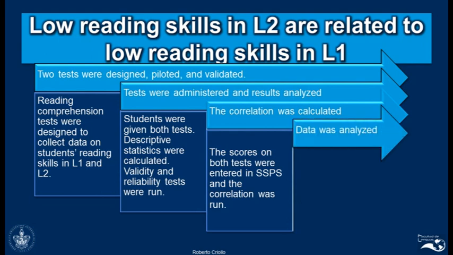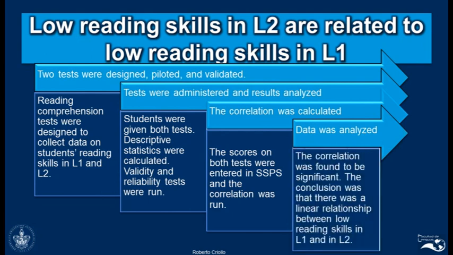When we analyzed the data, we realized that there was a significant linear relationship between the 2 variables. So the students had low results in reading comprehension in French because they also had low reading comprehension skills in Spanish. We found that there was a linear relationship between these 2 variables that we tested, and that was the result of the research.